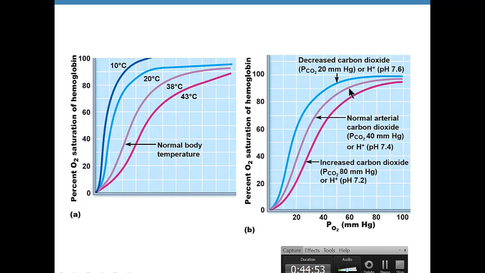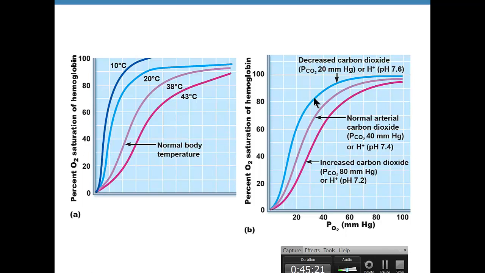What we call a left shift of this curve means that we have resting conditions going on. We're not exercising. It's a greater affinity for binding oxygen. A right shift means we need to unload hemoglobin faster. So a left shift means we're loading hemoglobin.